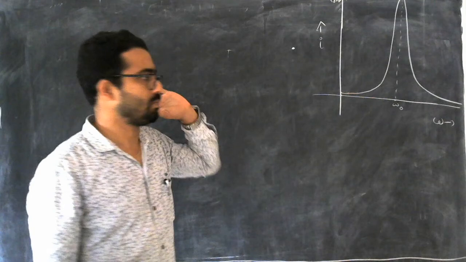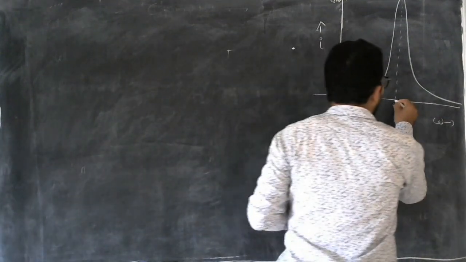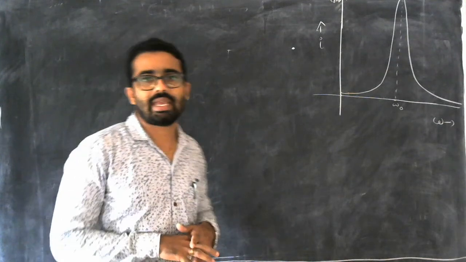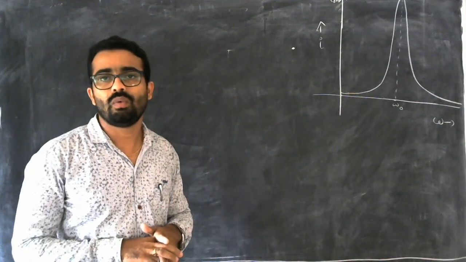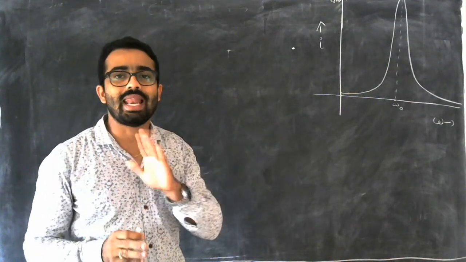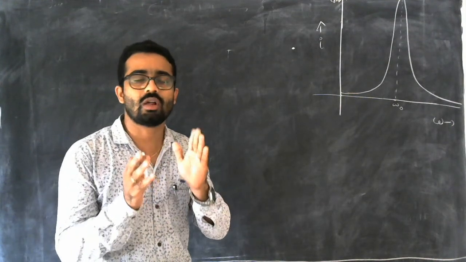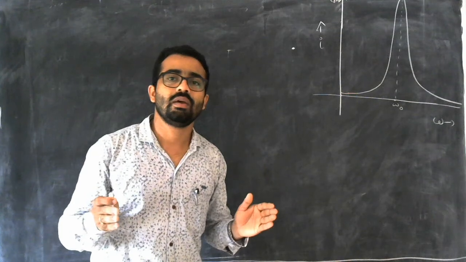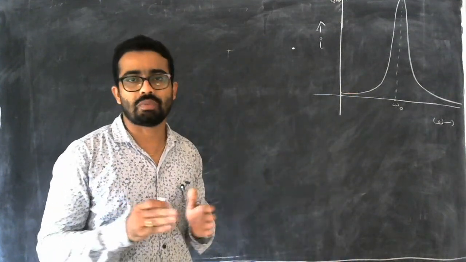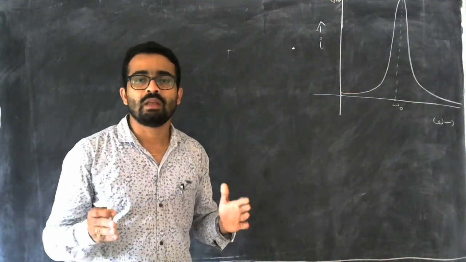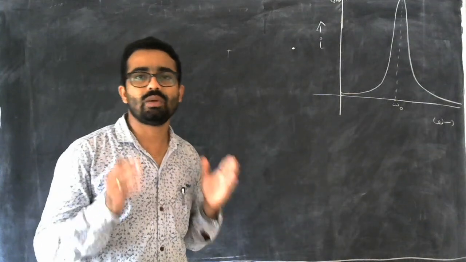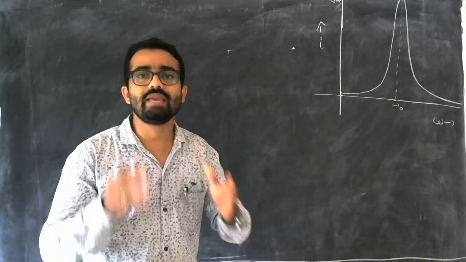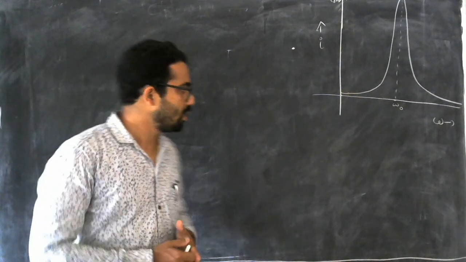This particular frequency omega naught can be adjusted with the combination of L and C. So those circuits can also be called LC circuits, and these circuits are mainly used in communication purposes. I mean, they are actually used in radios and televisions to receive signals.